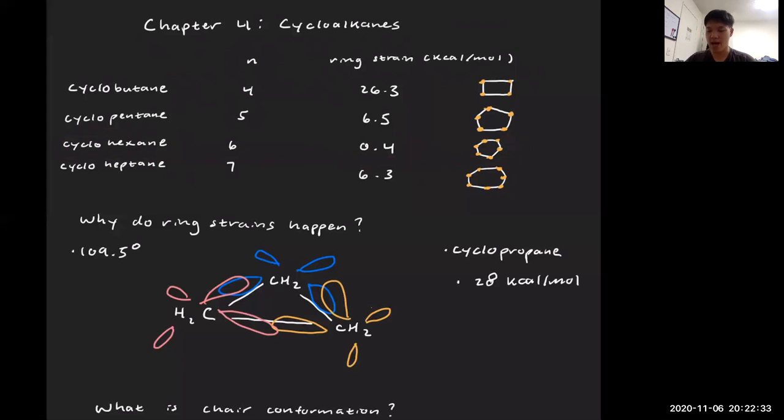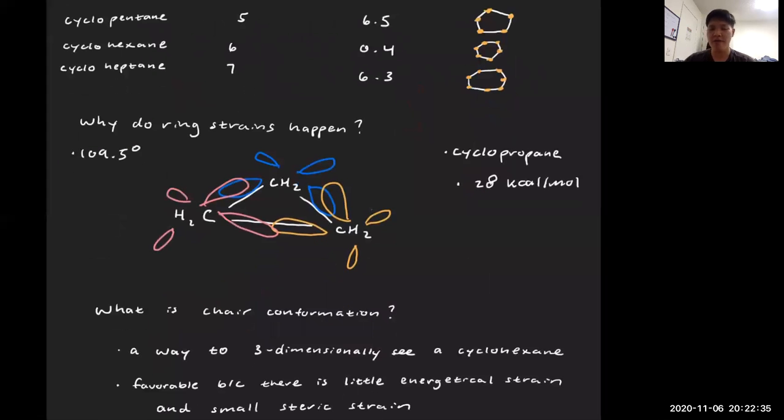So why is that? If you recall from drawing your Lewis structures, carbons typically like methyls or methanes and ethanes, carbons have an sp3 hybridization. So their bond angles between each substituent is around 109.5 degrees.